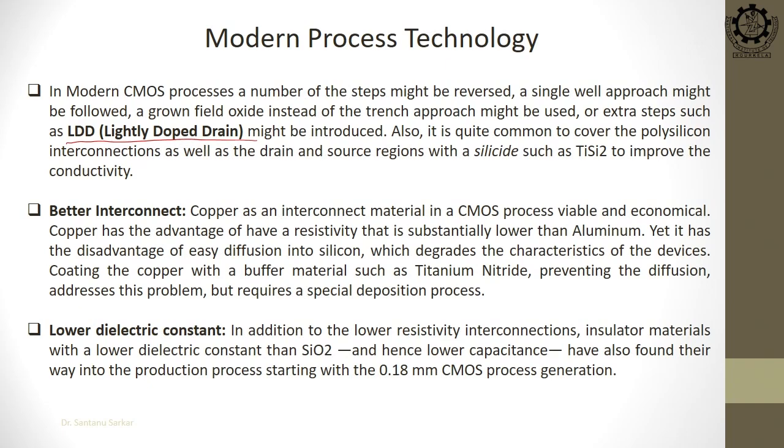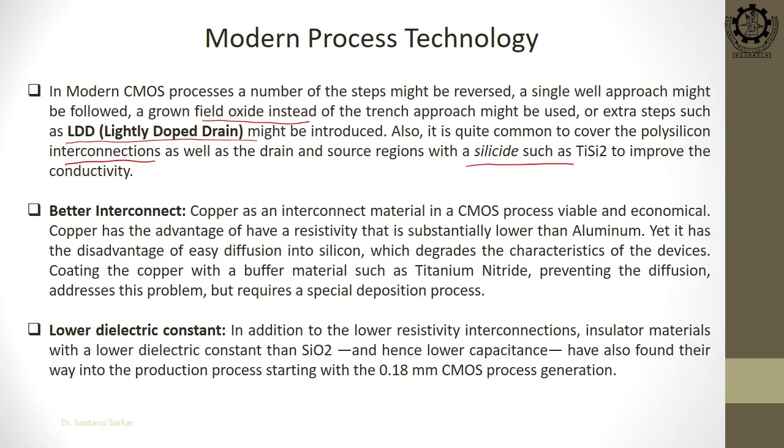Sometimes a field oxide is grown around some regions, or some trench is used. These different techniques are used to improve performance. Generally, we use better interconnects and low dielectric constant material, and sometimes we cover the poly with silicide.